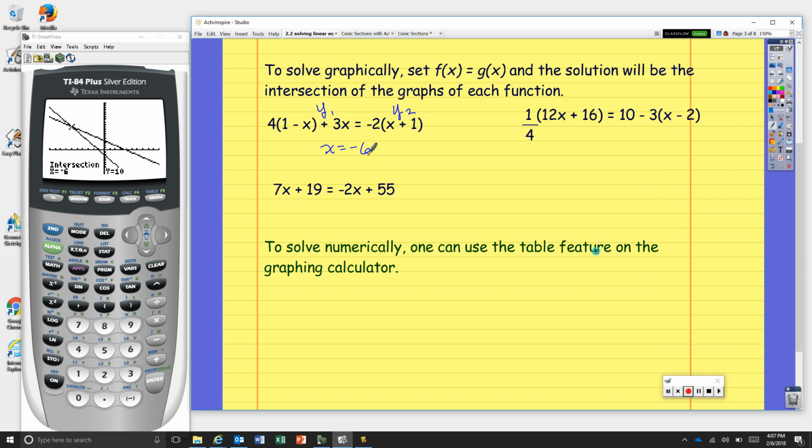Okay, so let's go ahead and try another one. We're going to press y equals. We're going to clear out what we have. And this will go in y1, and this will go in y2. So I'm going to go 1 divide 4 times parenthesis 12x plus 16.